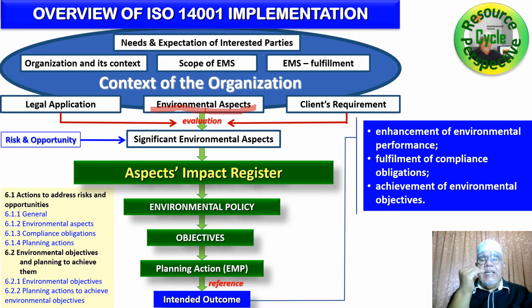So it is early. Therefore, if one needs to have an environmental management system certified to ISO 14001 version 2015, the first thing they have to do, I used to call it the initial environmental review. It is a process where we audit our entire organization, all departments, all activities, all processes, even products and services.